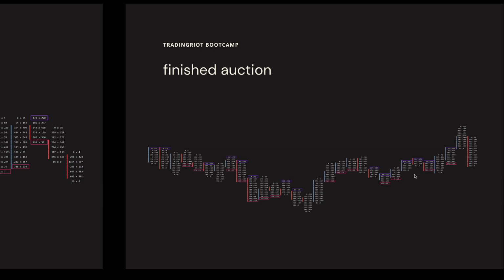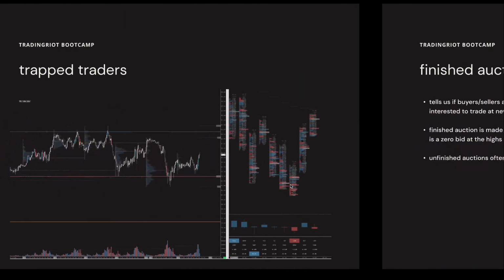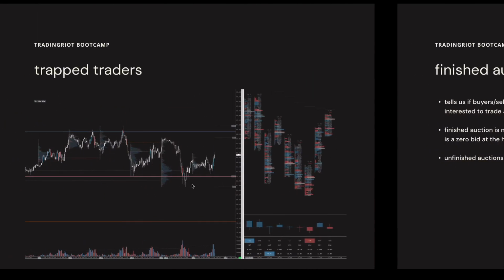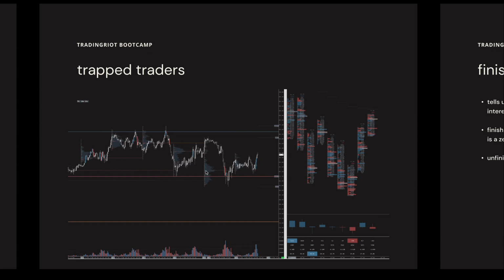I'm just going to get out and see the market eventually go to my target. So don't get scared about the footprint. Use it as a level of confluence. See where the traders are basically trapped. That's the best way of using it.